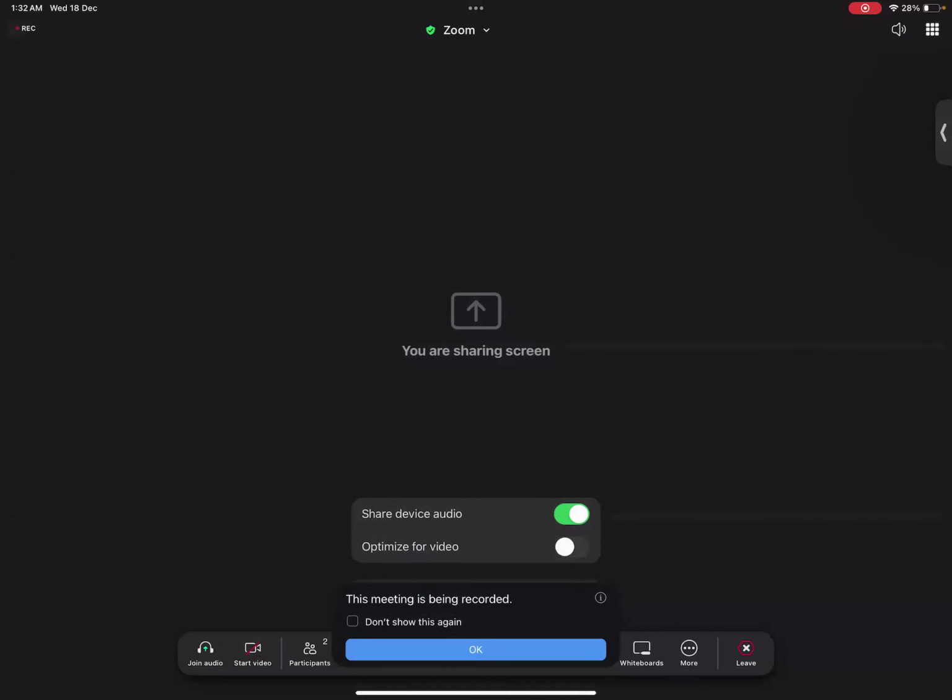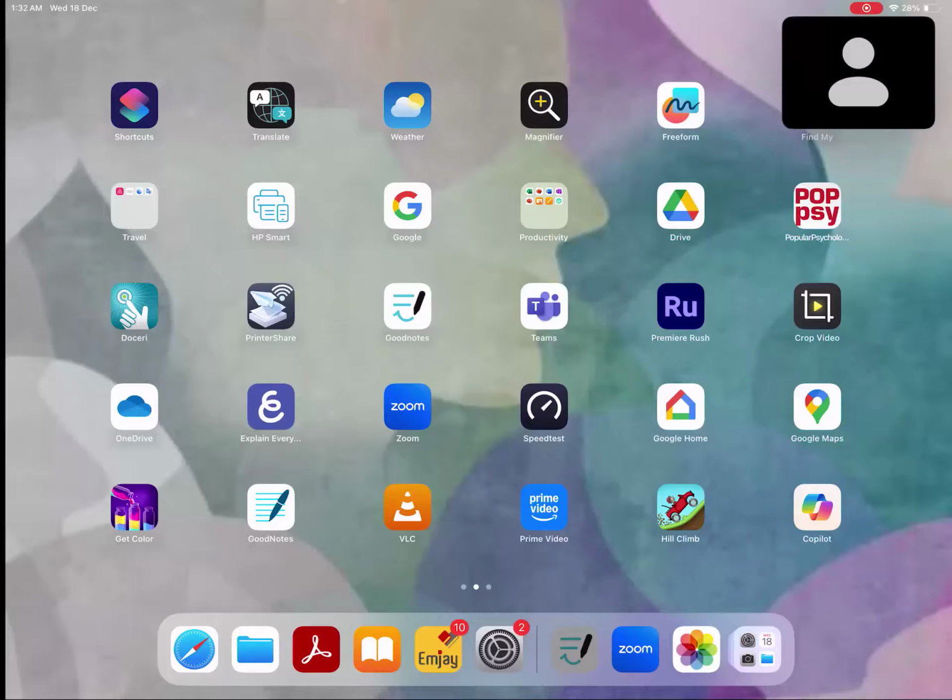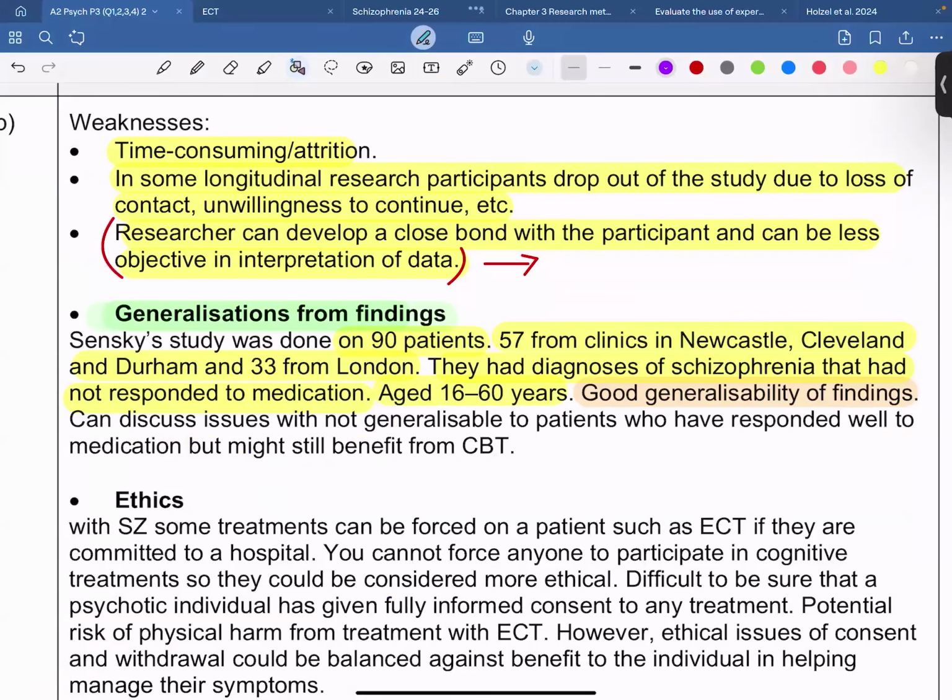So I'm sorry, let's go back here. Look at where all you've collected your data from. Look at the number of clinics, look at the age bracket over here. So you could conclude that the generalizability of the findings of this particular research is pretty decent.